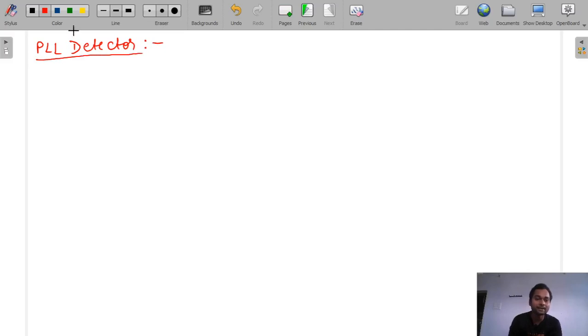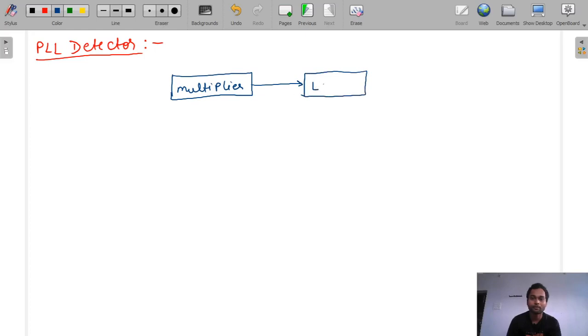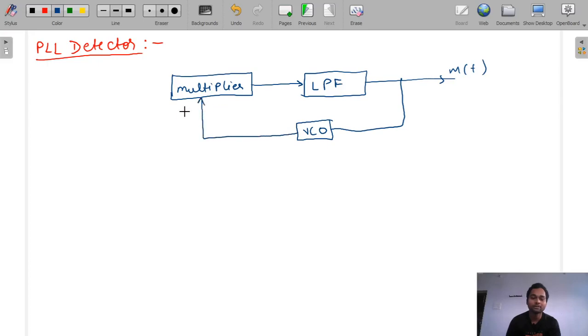So the PLL detector. The block diagram of the PLL detector is, we are having here a multiplier, a low pass filter, and one feedback is given. This is the voltage control oscillator. I will tell you what it is.